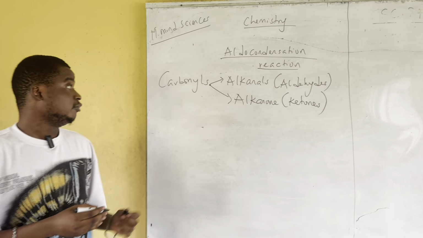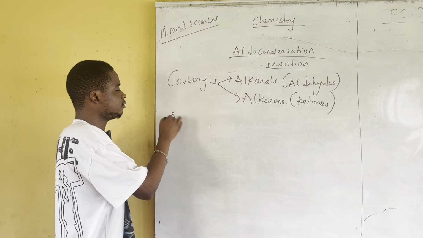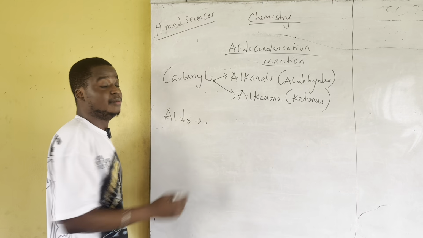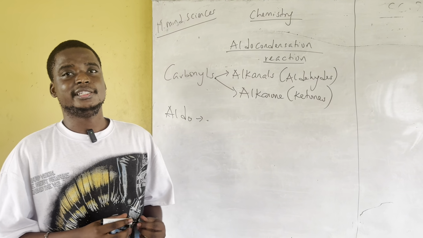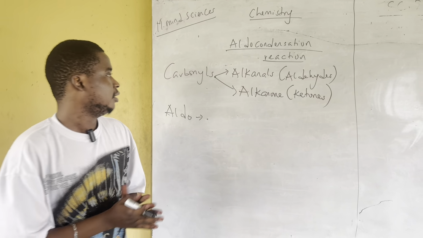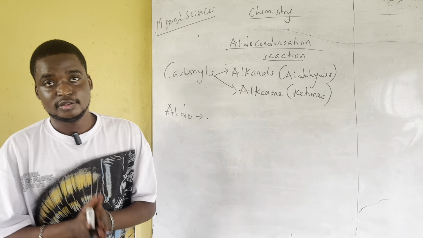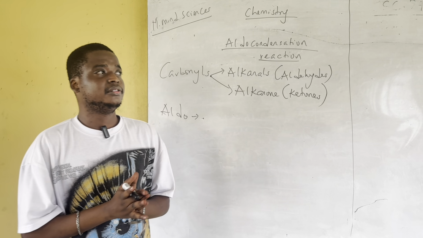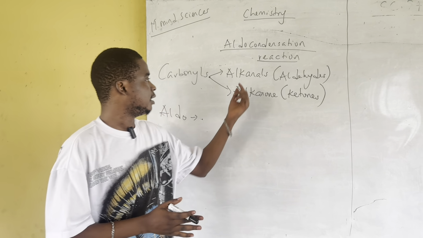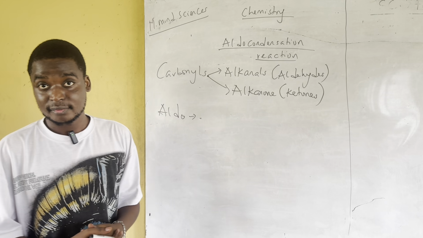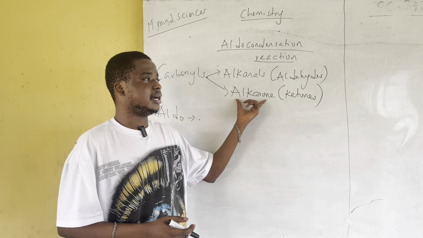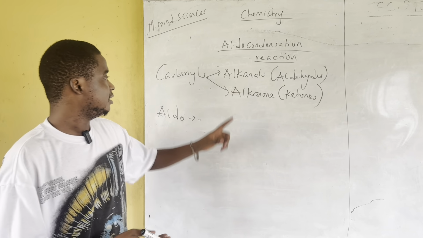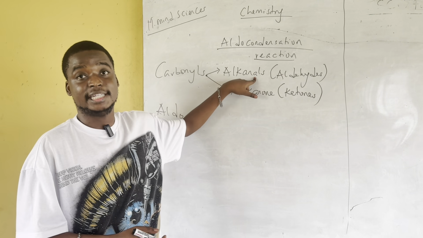Now, the word aldol is basically a molecule that contains two carbonyl groups. The two carbonyl groups can be both alkanals, both aldehydes, both alkanones, or an alkanone and an aldehyde.